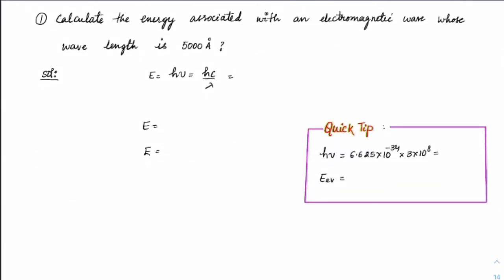Let me show you where it is more useful. Suppose you are asked the energy associated with an electromagnetic wave whose wavelength is 5000 angstroms. So the wavelength is given, I have to calculate the energy now.